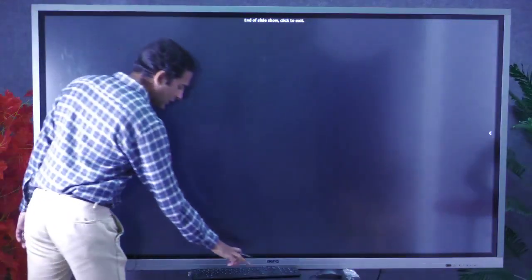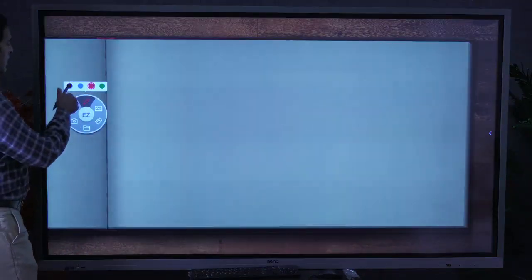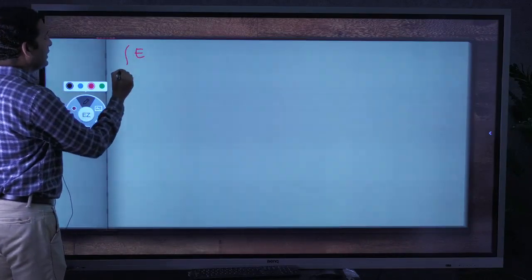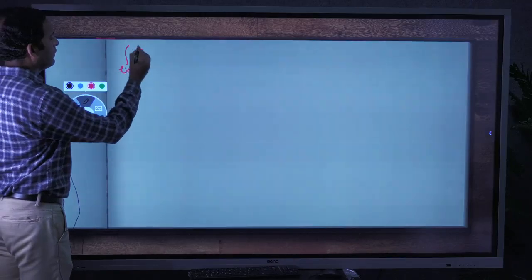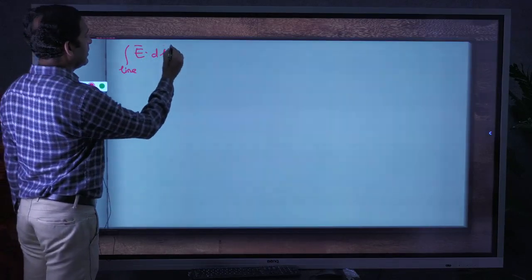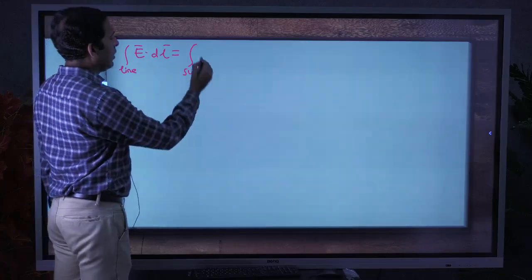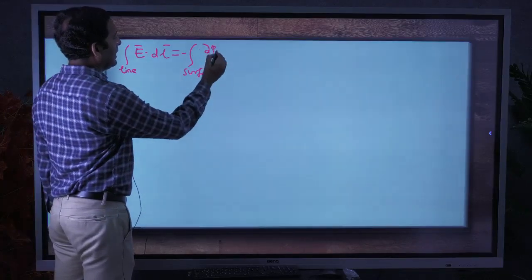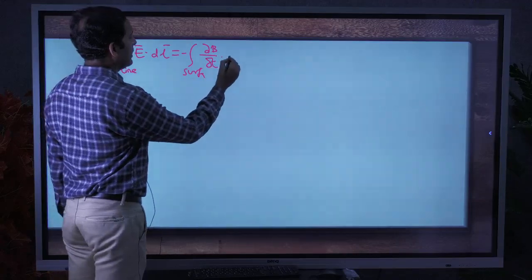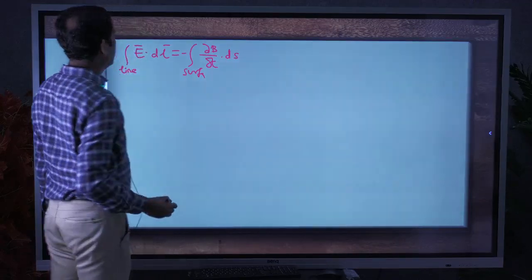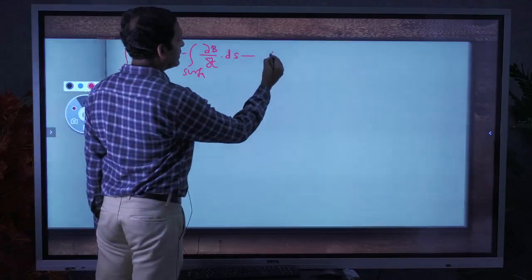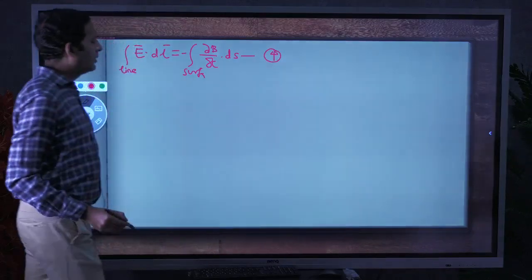Our last expression is say line integral of E bar dot dl bar is equal to surface integral of minus dou B by dou t into ds bar. Now let us call it some equation number 4.